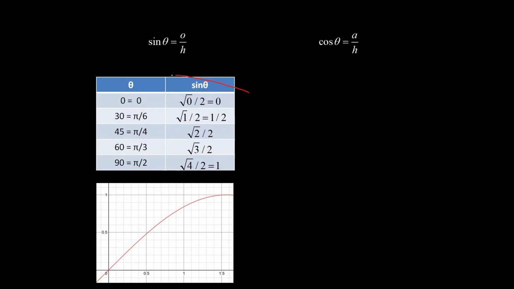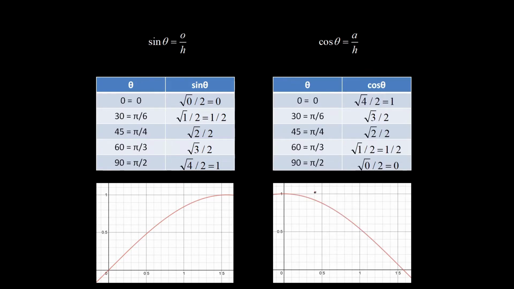Now, all of these same numbers are also used in cosine. However, with cosine, as the inputs get larger, cosine actually gets smaller. And again, here's the cosine function. You can see the cosine function actually decreases.